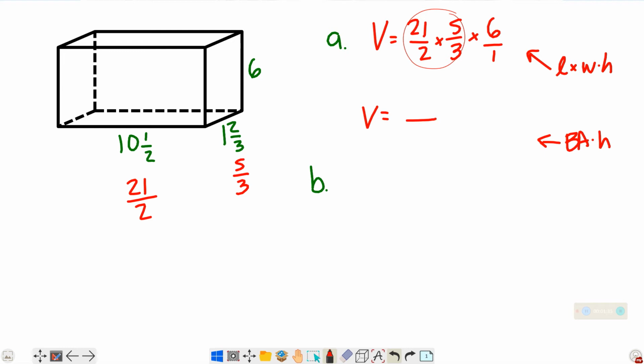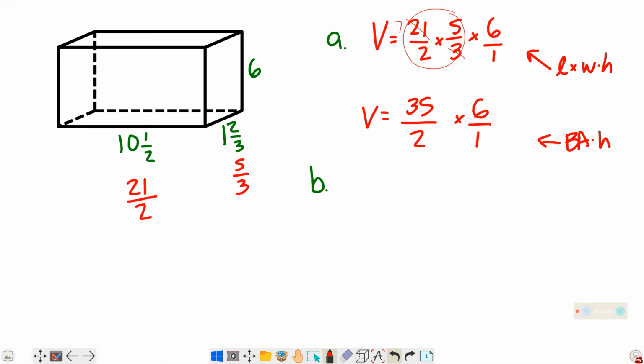So 2 times 3 on the bottom gives us 6, and 21 times 5 gives us, well, actually we can divide a piece out. 3 goes into 21 7 times. So 7 times 5 is 35 over 2. And then the height is still 6 over 1.